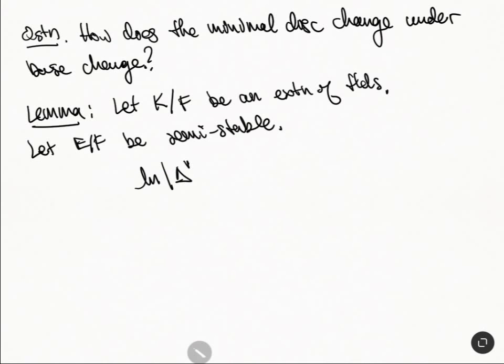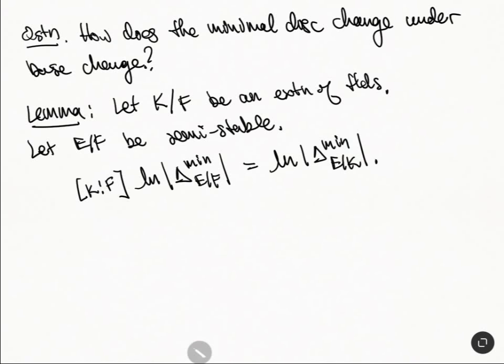If I take the norm of the minimal discriminant of E over F, and then I multiply this times the degree of K over F, this is the natural log of the minimal discriminant of E over K. Okay, so that's what we get.